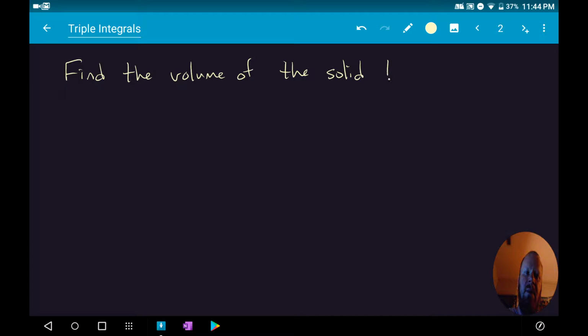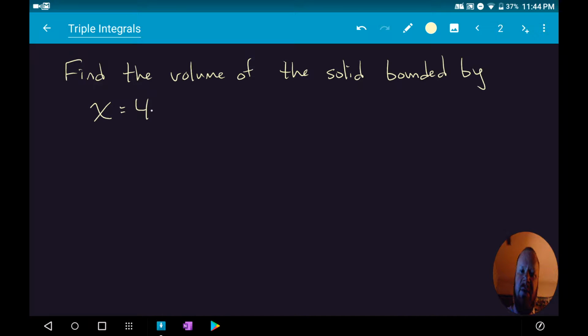So here's the problem. Find the volume of the solid bounded by 2 surfaces.